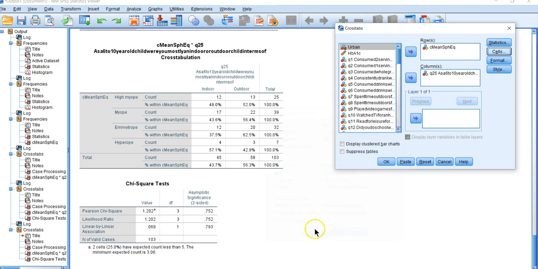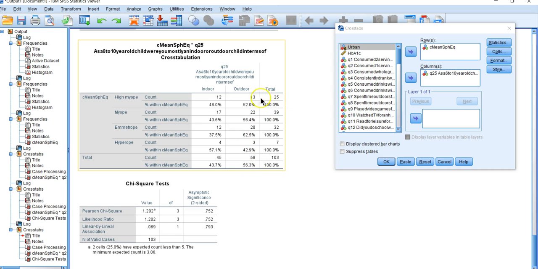What is expected? You calculate the expected values through the marginal totals. So we said 3 degrees of freedom. If you know these totals, 45, 58, 7, 32, 25, 39, if you know those, then when you have 3, you can change any 3 cells, but all the others are fixed.